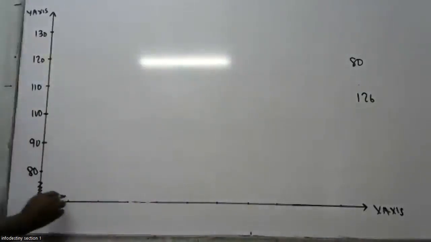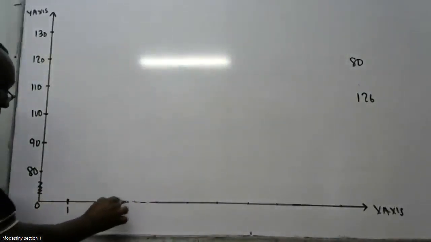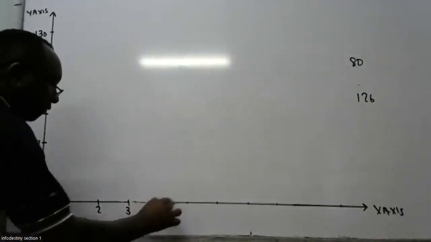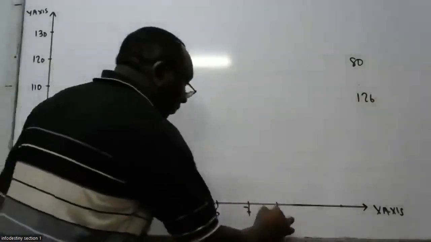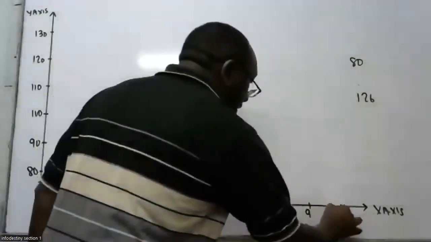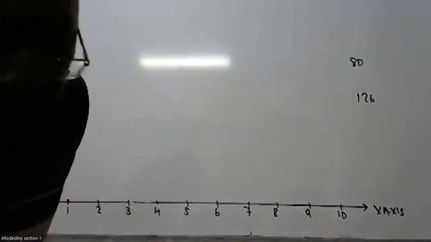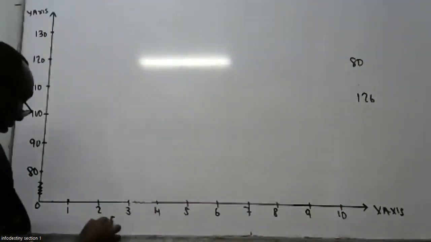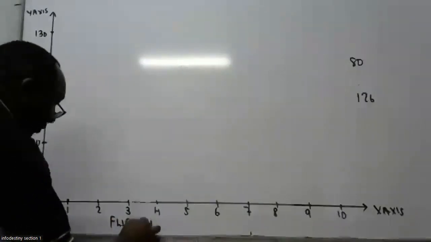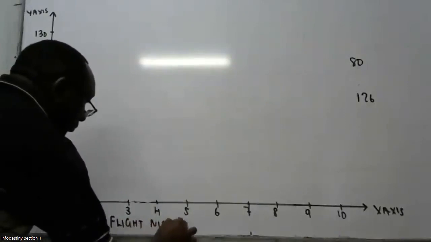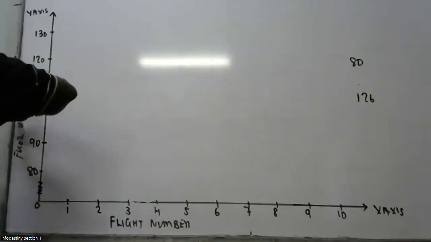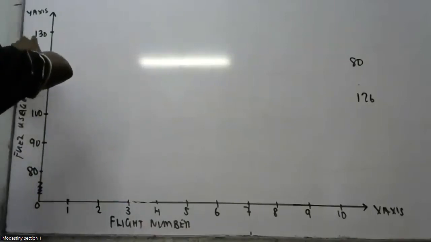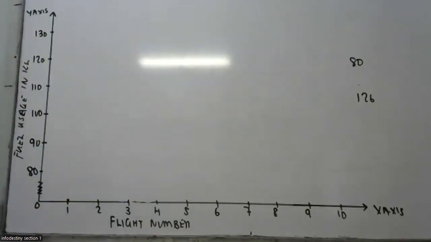The flights are 1, 2, 3, 4, 5, 6, 7, 8, 9, 10. So this is flight number. Then this is fuel usage, fuel usage in kiloliters.